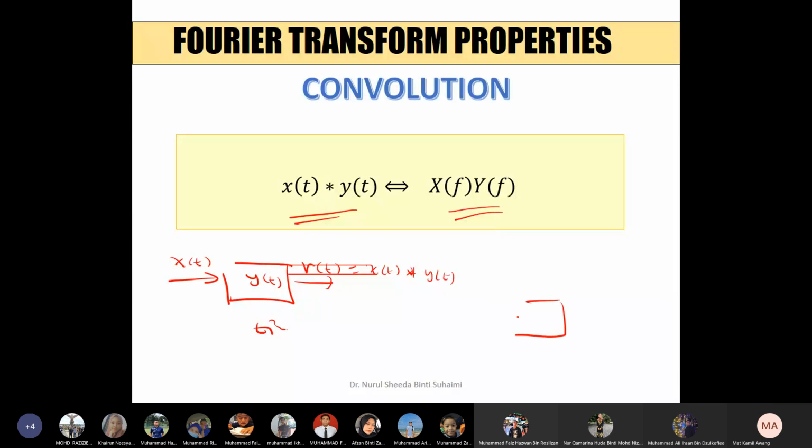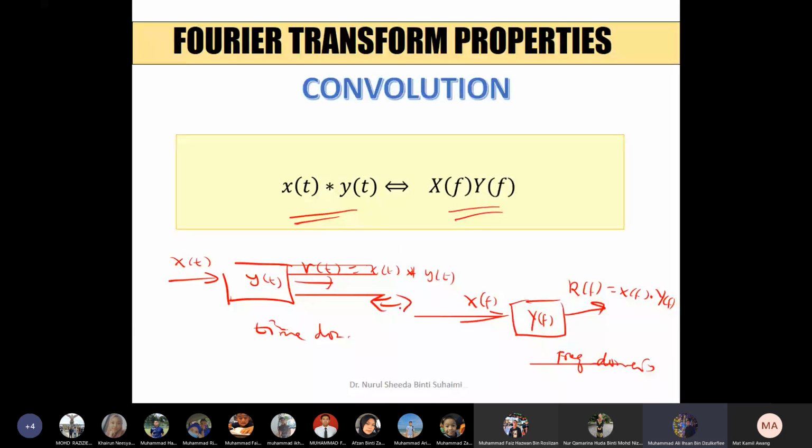This one results in r of f equal to x of f multiplied by y of f. This is in the frequency domain. So this is the convolution property.